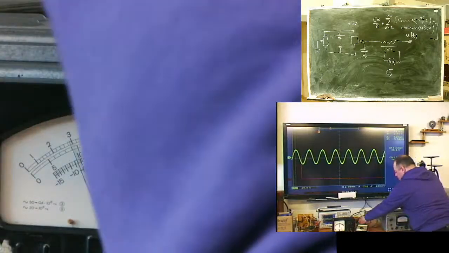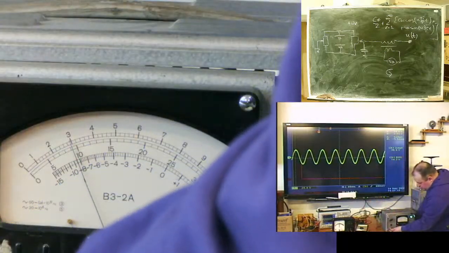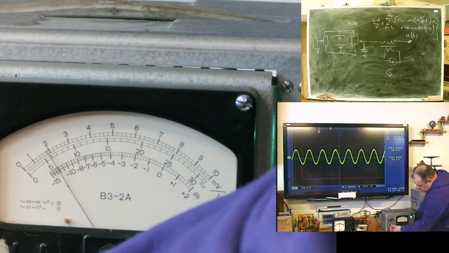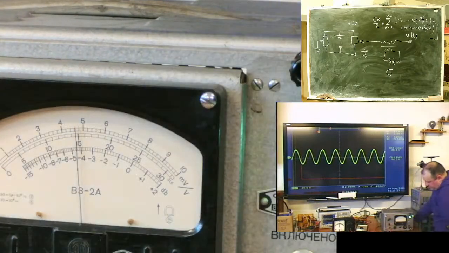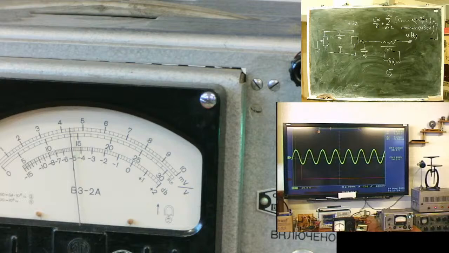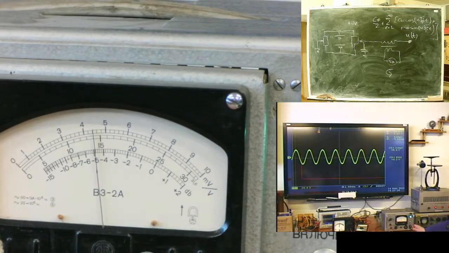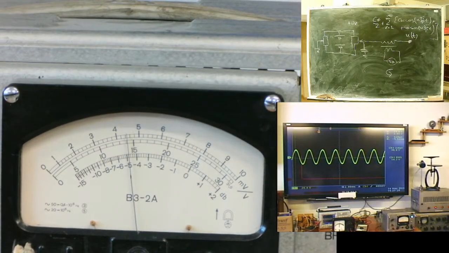The idea is to make the range wider, but the key moment is to make the frequency range wider. Okay, what I got, 15. One second, I will set some ground. 15 volts shows us 15.